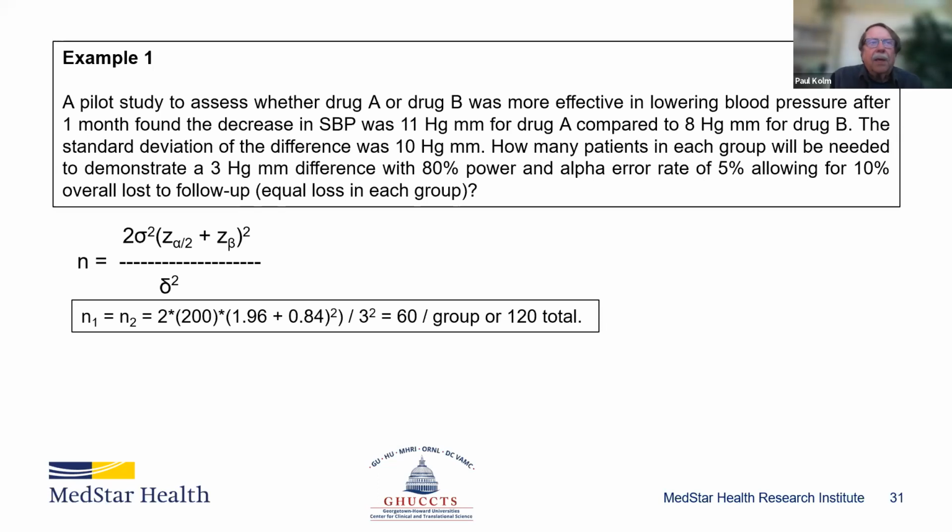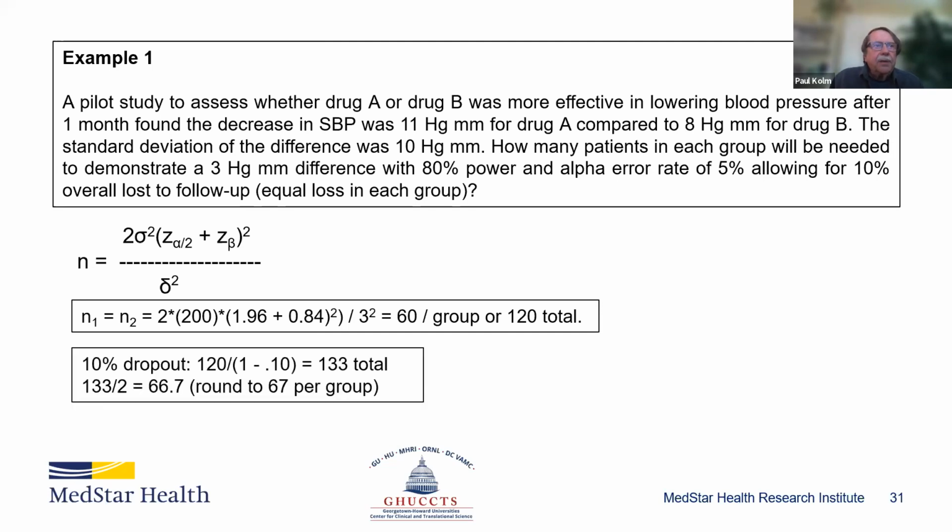I think I calculated that for a standard deviation of 10, but anyway, as far as an example goes here, we would need then 120 total patients for this study, if in a larger study. And so if we calculate the number needed for 10% dropout, then that's just 120 divided by 0.9, or 133 total.